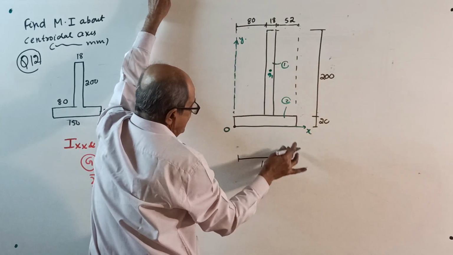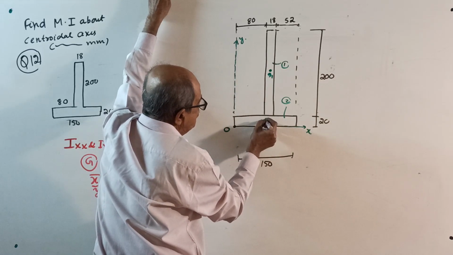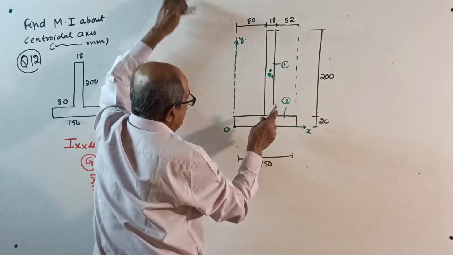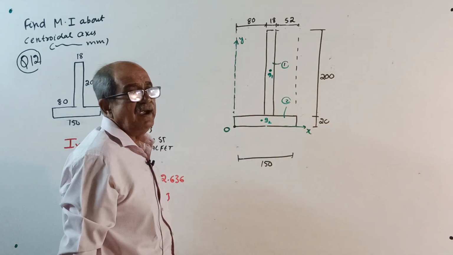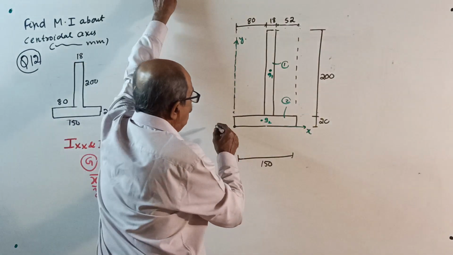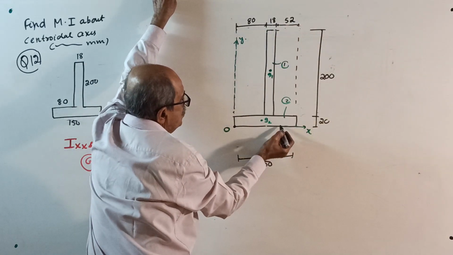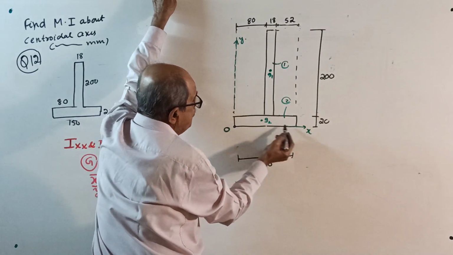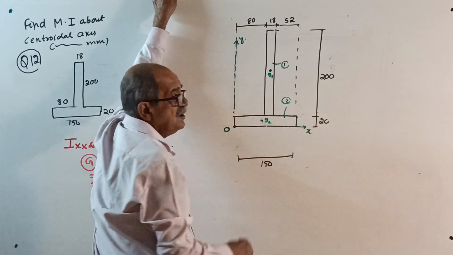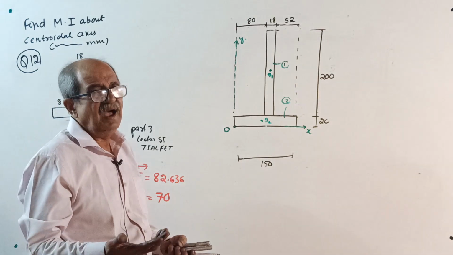This is 80, 150 half is 75, so it is here, a little this side. This is your G2. 150 into 20 into 150 by 2, divided by total area. Y bar from here: 18 into 200 into 20 plus 200 by 2, plus 150 into 20 by 2, divided by area. If you cannot do that one, I am helpless.